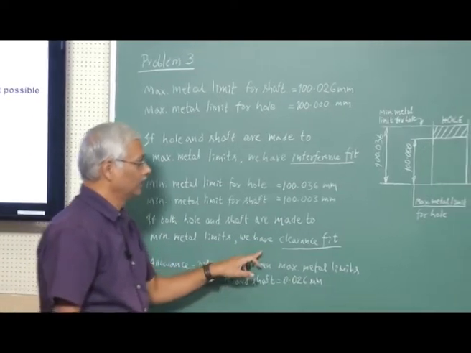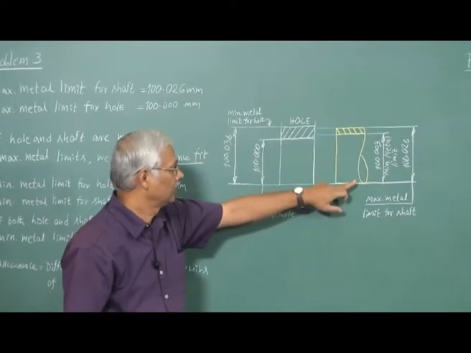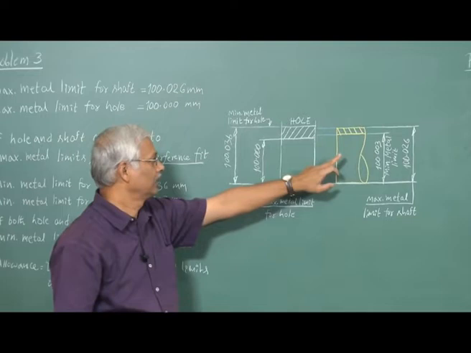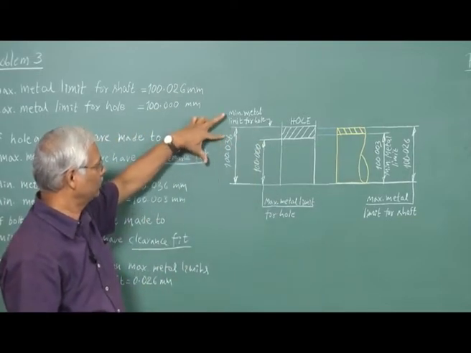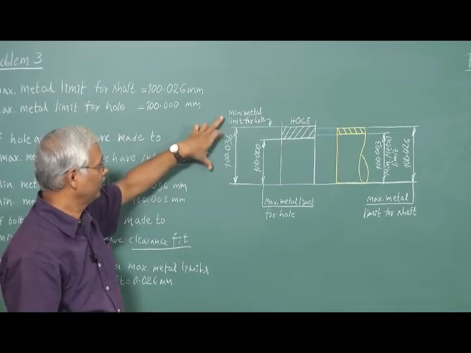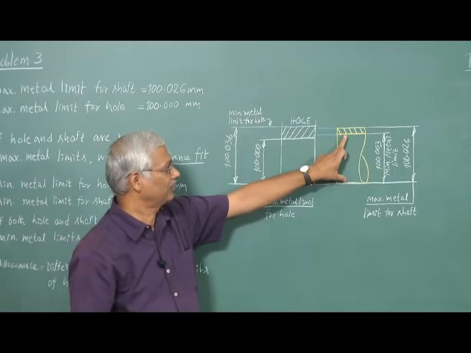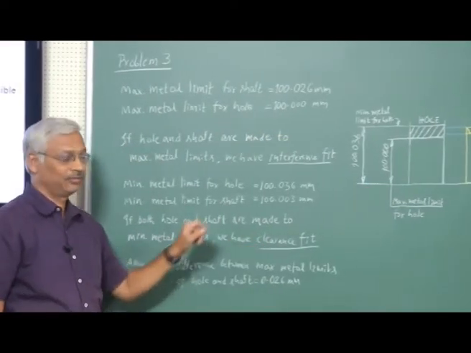That means minimum metal limit for shaft is 100.003 millimeter and minimum metal limit for hole is 100.036 millimeter. That means hole size will be bigger than the shaft size, so we will be having a clearance fit.